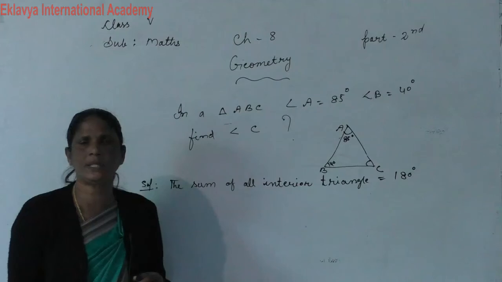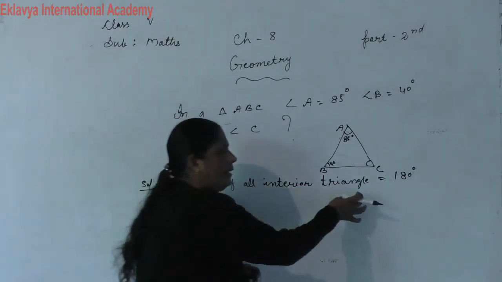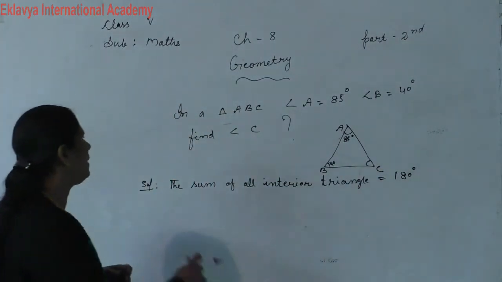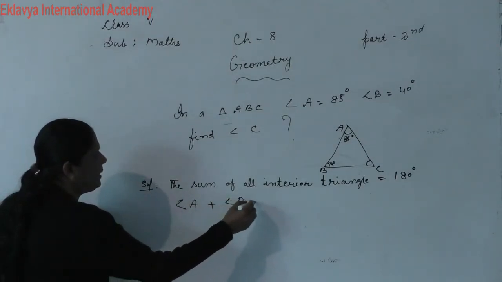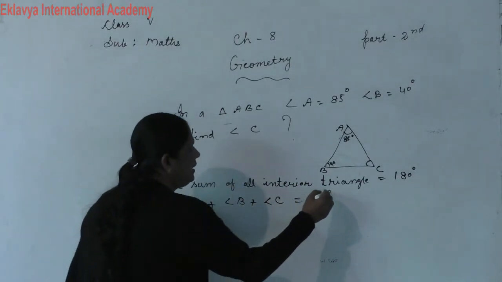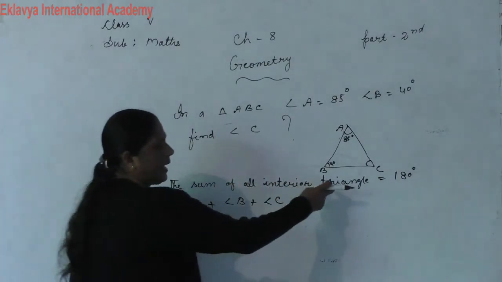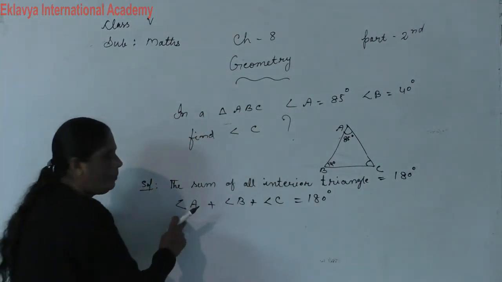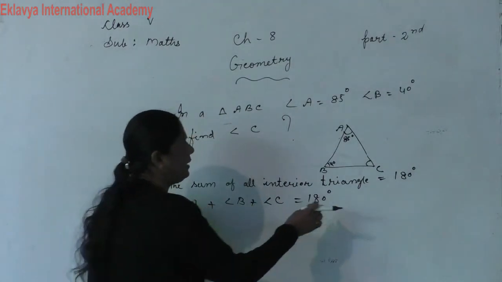This is the first line in every question. Then the second line: angle A plus angle B plus angle C is equal to 180 degrees.